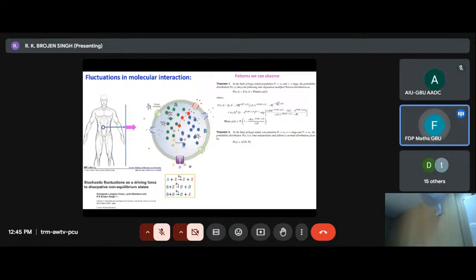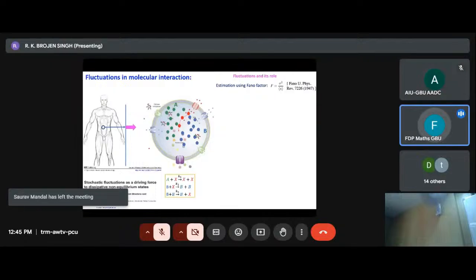These are the activities, the property activity, and from that we generally estimate the property.